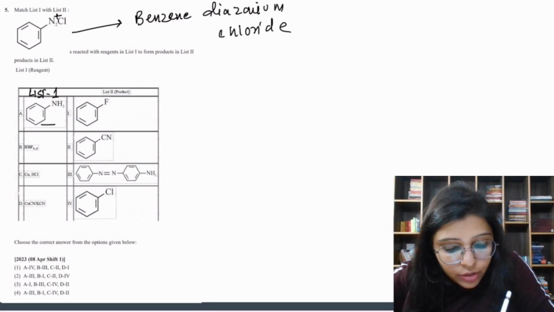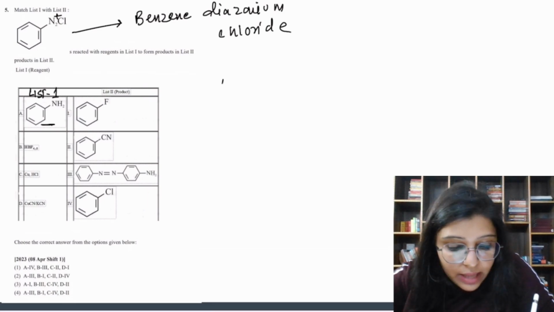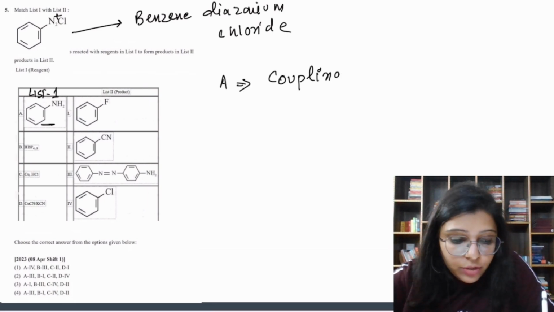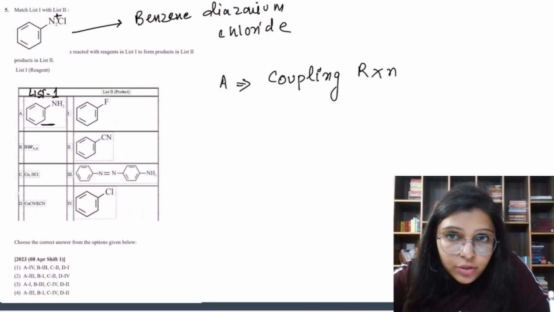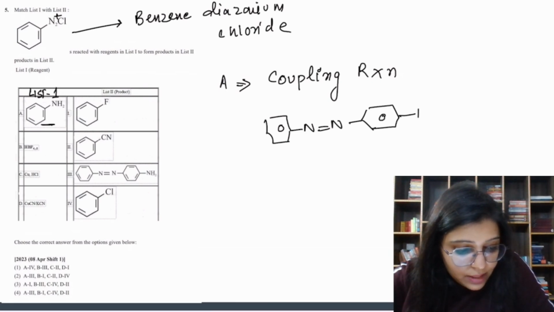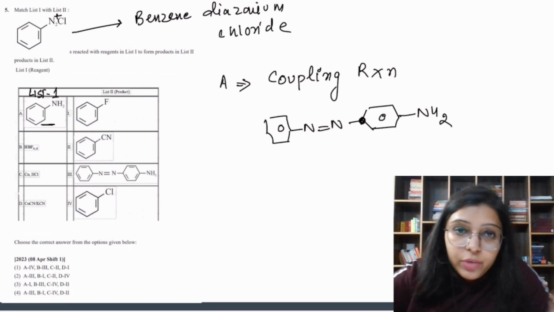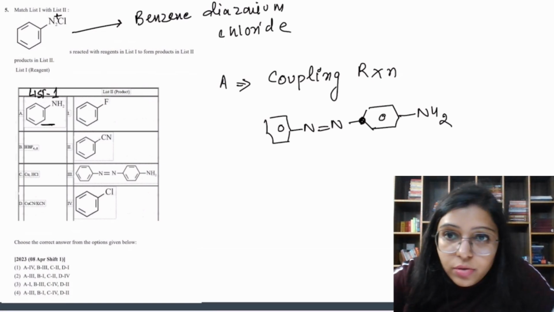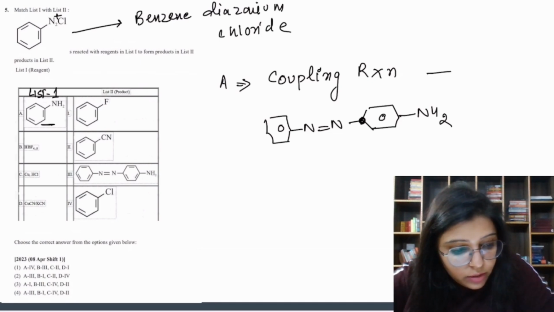On reaction with aniline, we will have a coupling reaction and we get azo dye formation, and the product is going to be this N double bond N. Coupling happens at the para position of the aniline, that is at this position. So A can be matched with third.